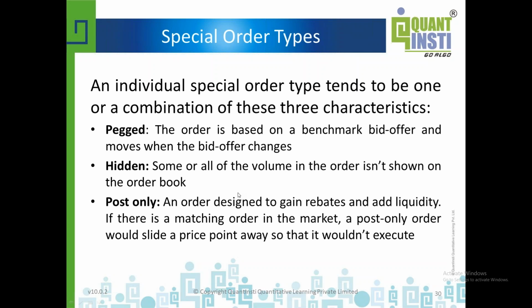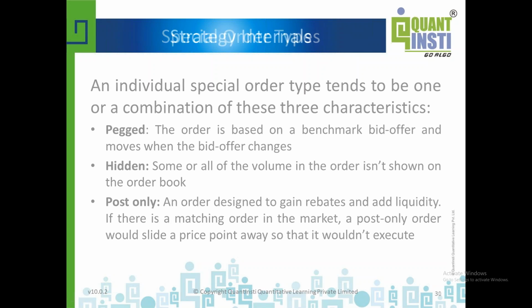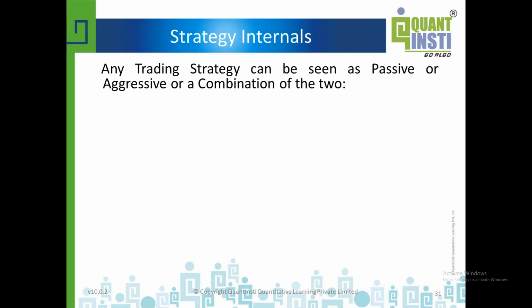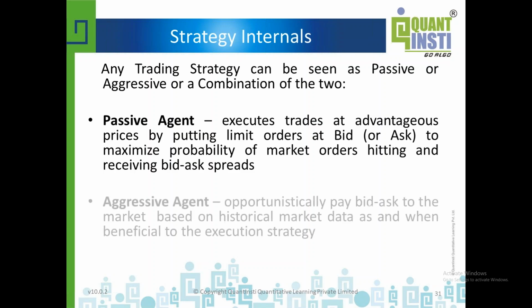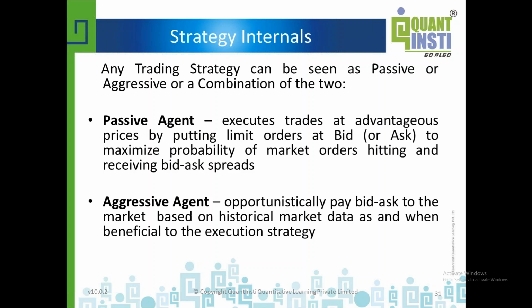So these are seldom used. You can read about them in the exchange's protocol, but for automated traders, such things are seldom used. If there's a rebate on some exchange, then only these post only orders are executed, right?